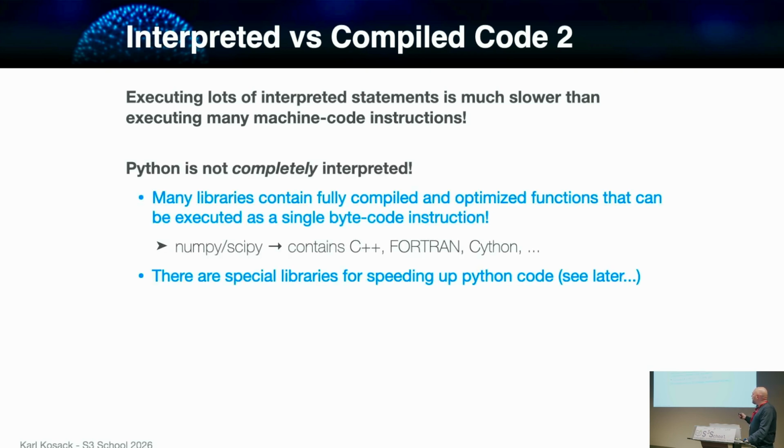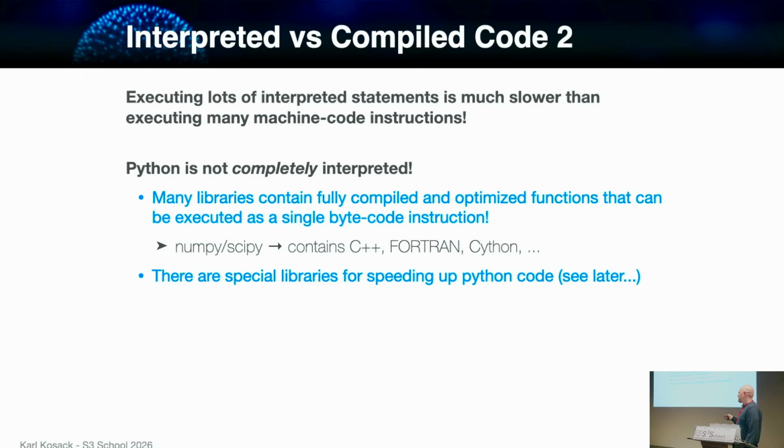Python, like I said, is not completely interpreted, however. Even the standard library, but especially most of the libraries that we use for scientific computing, are actually fully compiled and optimized functions that were written in C or Fortran or Rust or other languages, right? For instance, NumPy and SciPy. So when you call a NumPy or SciPy function, you're actually calling fully compiled code.